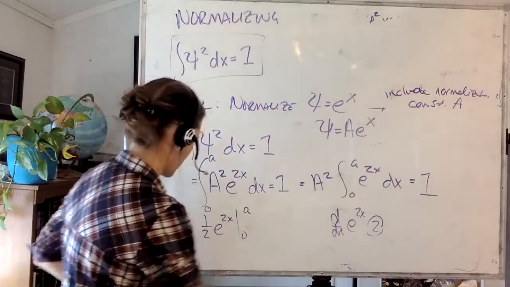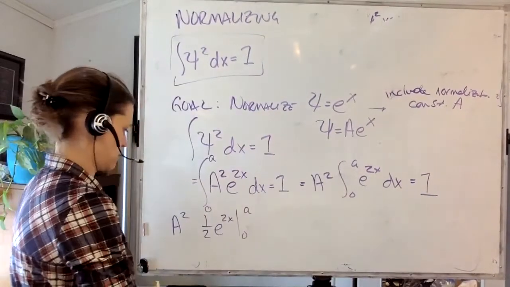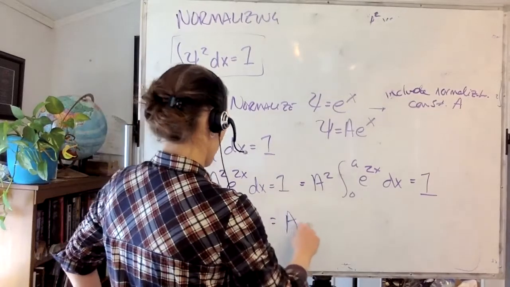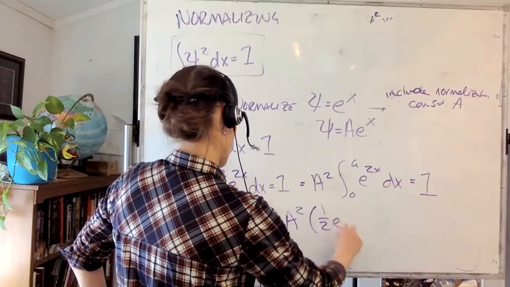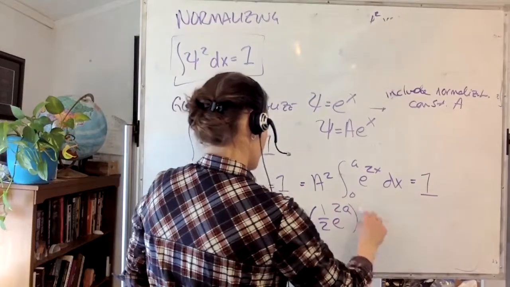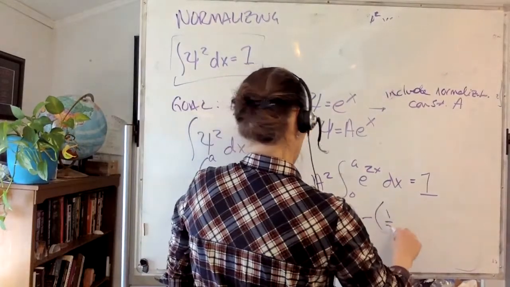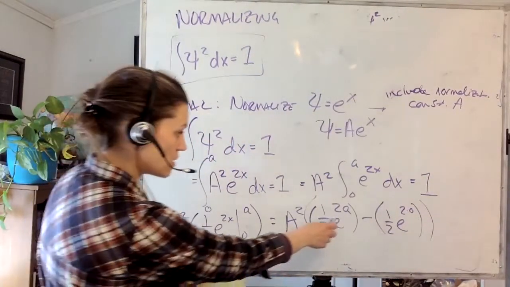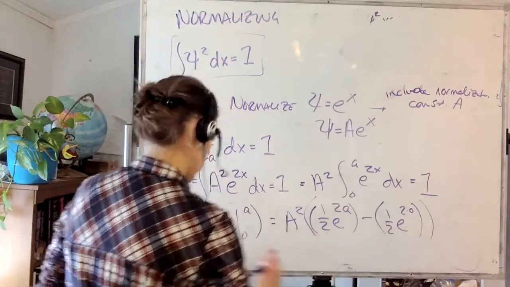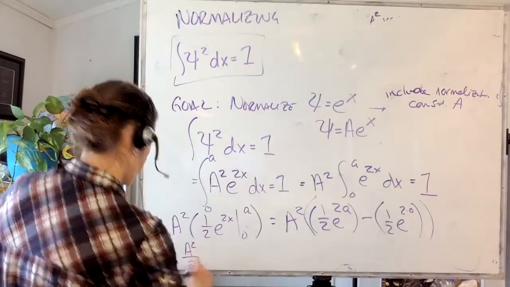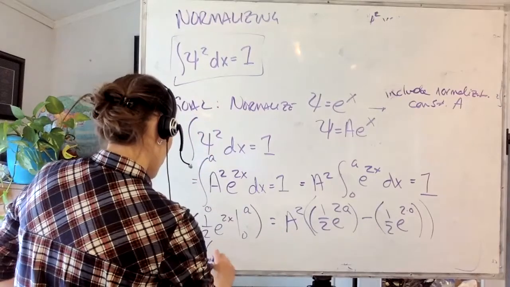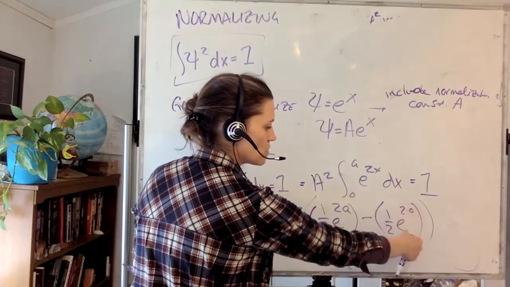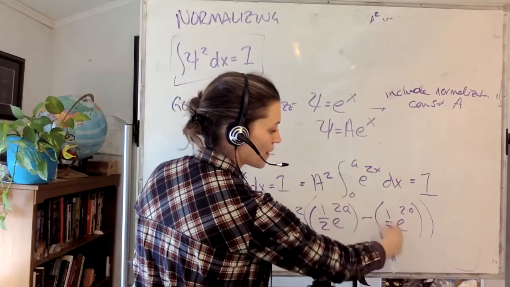And so here I get a squared times 1/2 e to the 2x evaluated from 0 to a, which means I've got a squared times 1/2 e to the 2a minus 1/2 e to the 2 times 0. If I solve for this, this gives me a squared over 2, taking both of the 2's out, multiplied by e to the 2a minus 1, because e to the 2 times 0 is e to the 0th power, which is just 1.